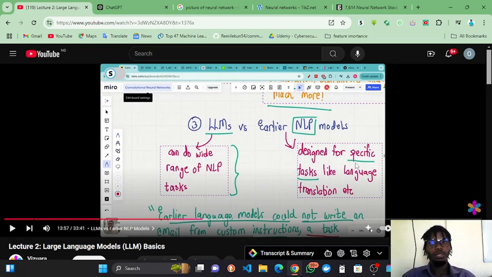So now you have an understanding of the difference between what LLMs are now and what they were in previous years. LLMs can help you write your email and do a whole lot of things. But earlier, they couldn't, as they were built for specific use cases.